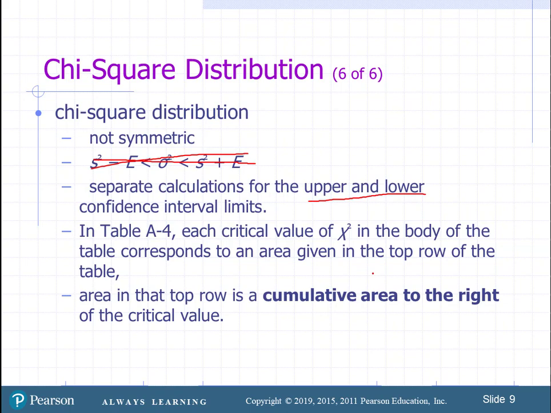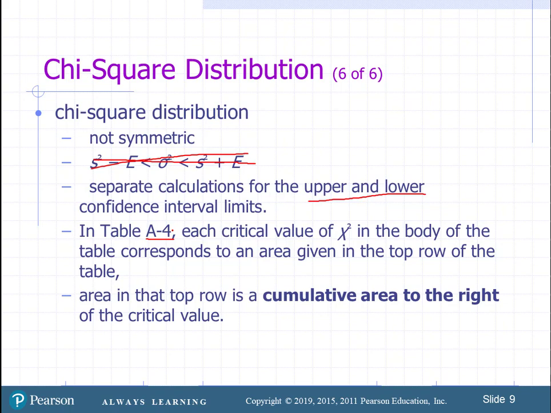We're going to see how to do them by hand using table A4, which is in the tables you find in your textbook. It's also in the tables that I sent you, which I posted in the resources folder.